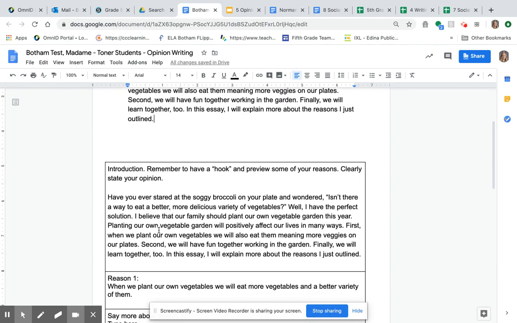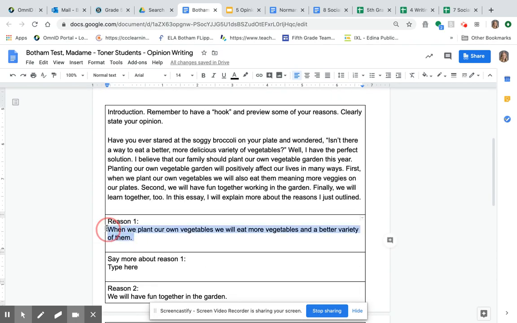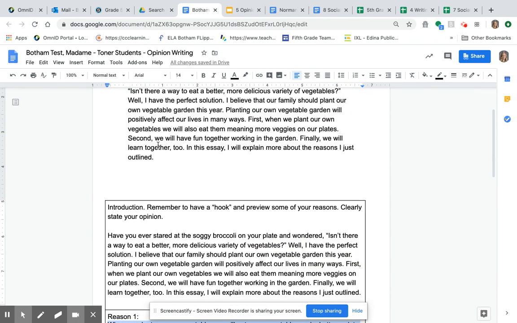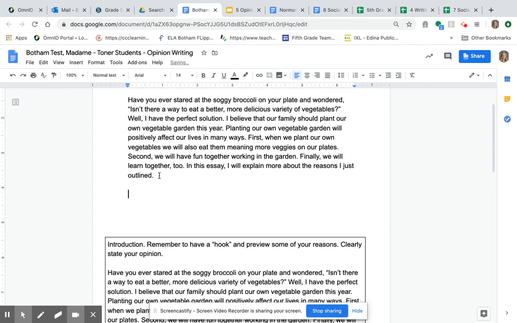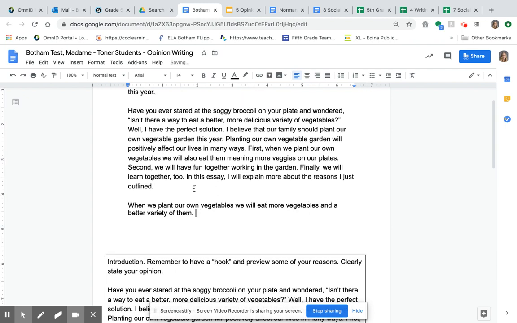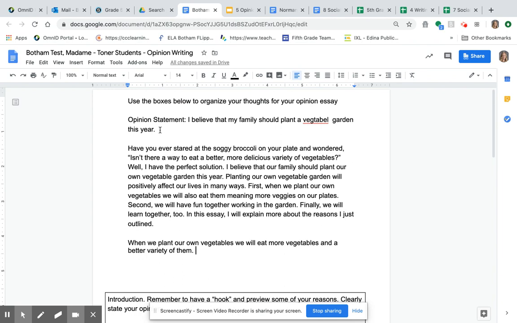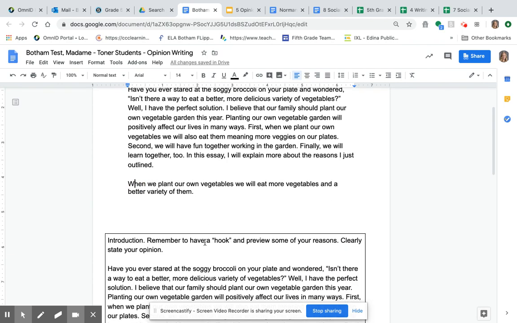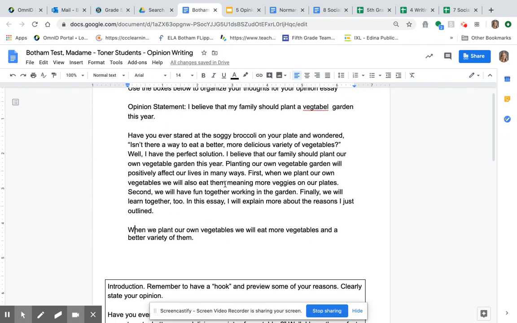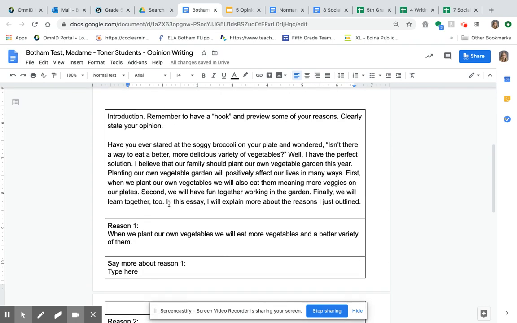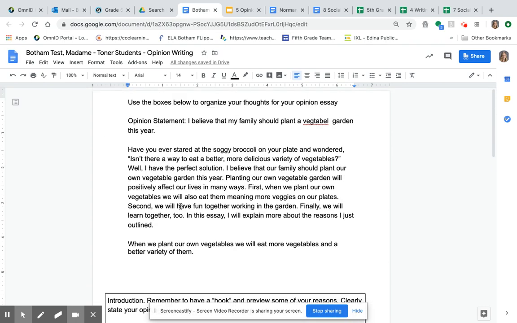And I'm going to go back down and I'm going to start my first paragraph. I'm going to copy this. I'm going to leave a space. So here I have my introduction and my first paragraph. By the end, I want to have all my ideas up here without this table. That will make it look like the other essays that we've been reading.